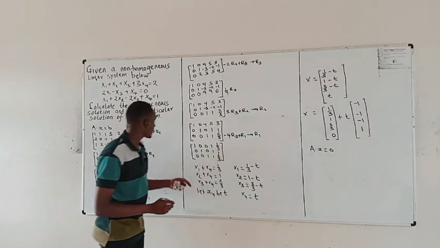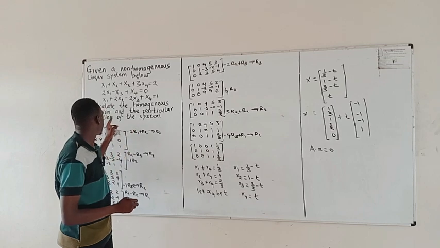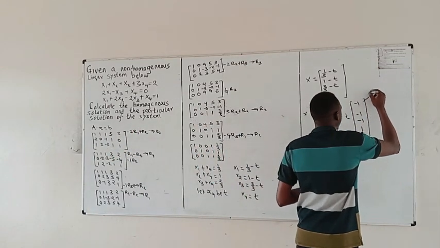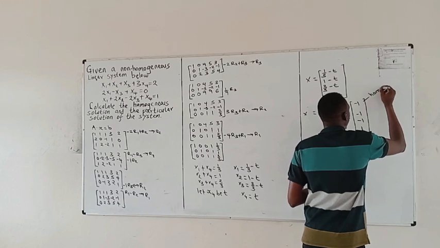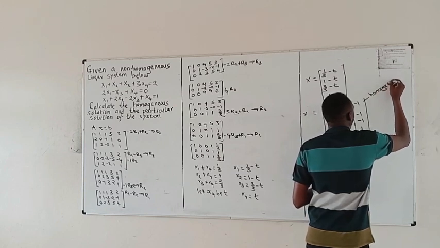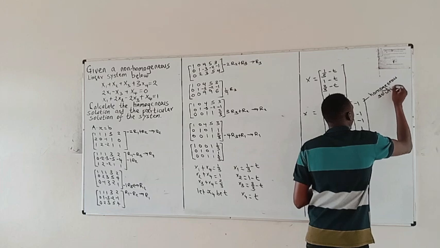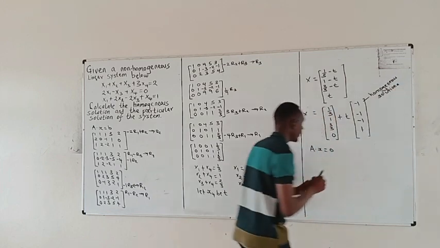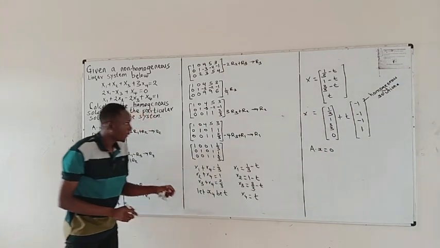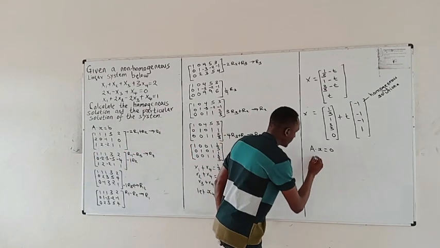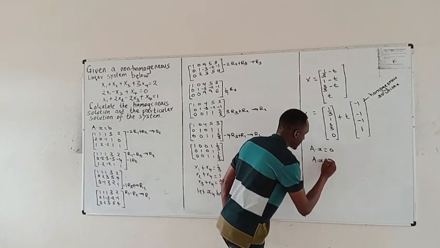Therefore, our homogeneous solutions will be this one, and our particular solution is in the form Ax is equal to b.